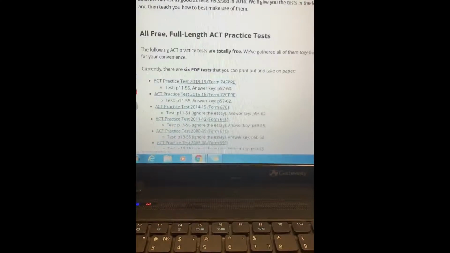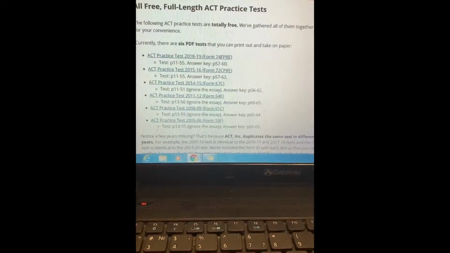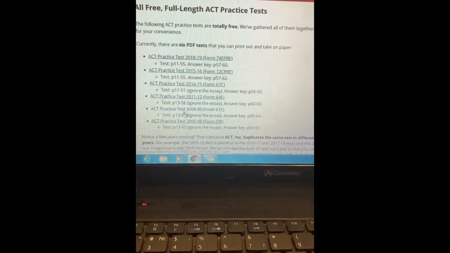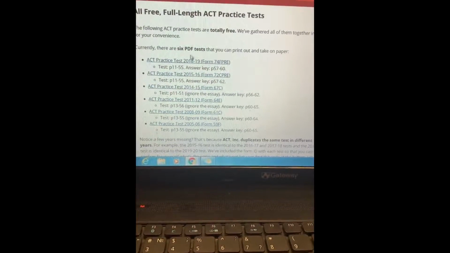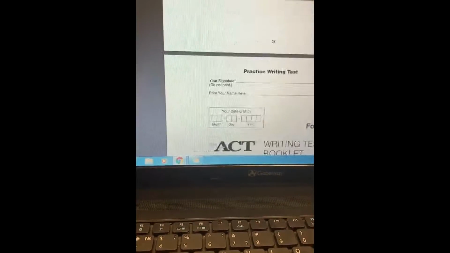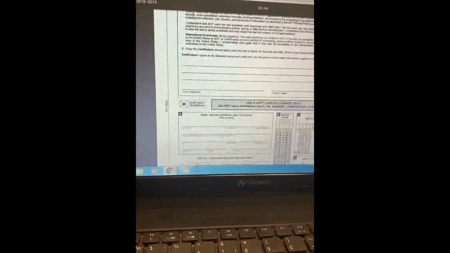You have all these options to choose from. You click on it and you'll find the whole thing, and at the end they'll even give you an answer sheet to print out if you want.